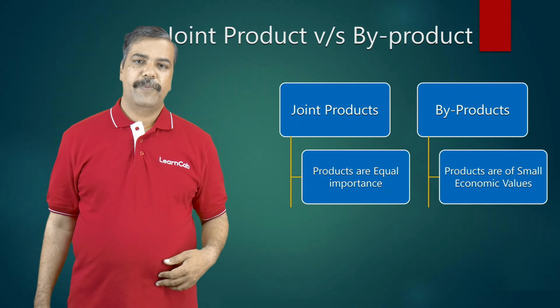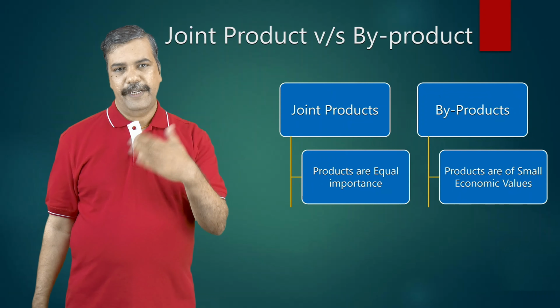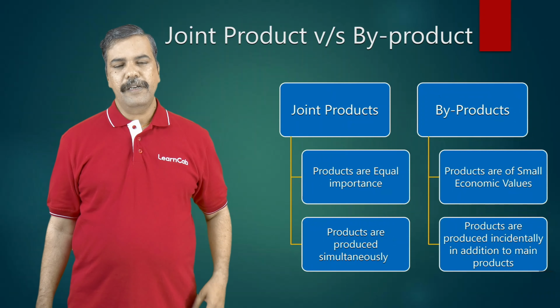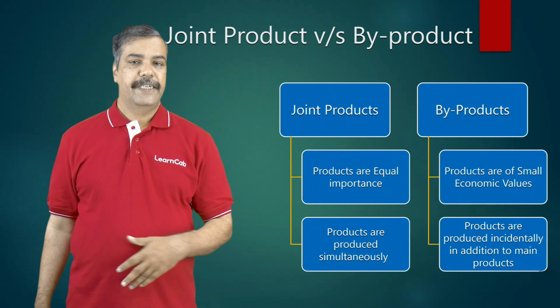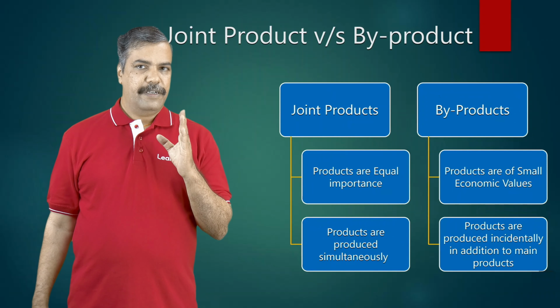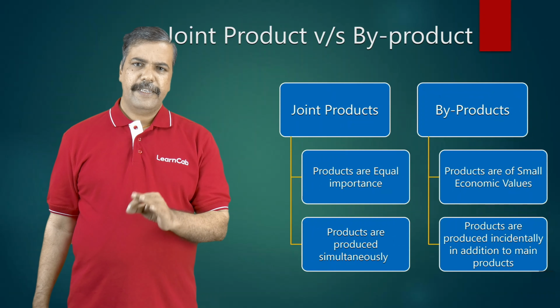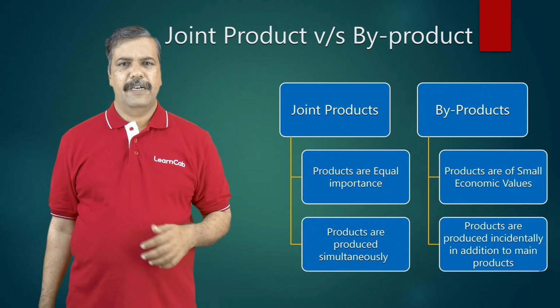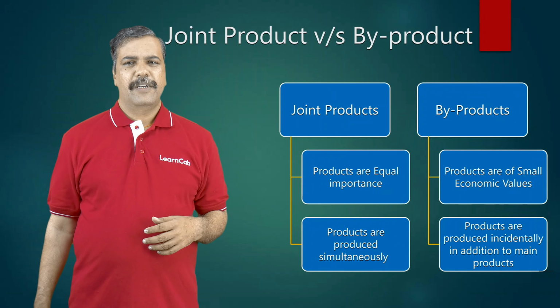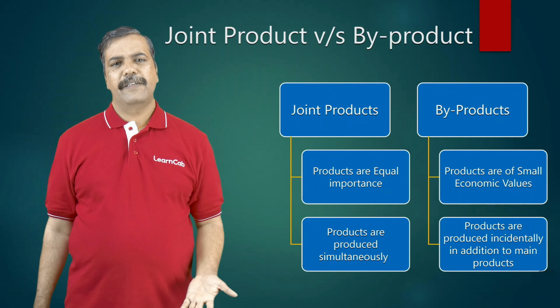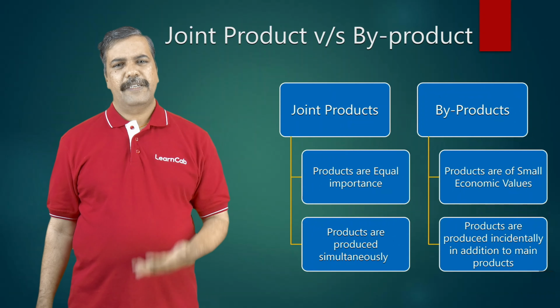The second very important differentiation between joint product and byproduct is that joint products are produced simultaneously. That means you manufacture petrol, diesel and kerosene as a simultaneous process. It is not that once you are done with petrol, you manufacture diesel, and once you are done with diesel, you manufacture kerosene.